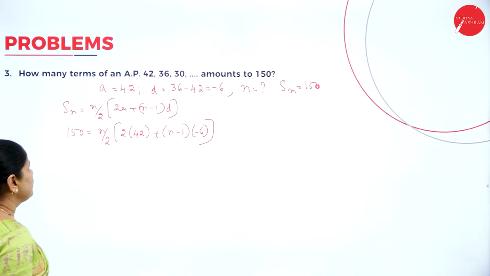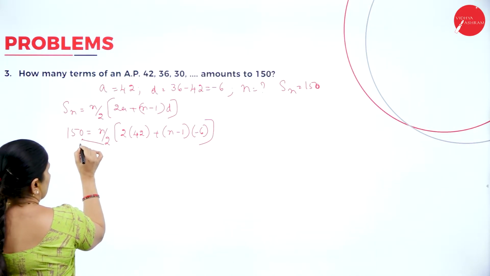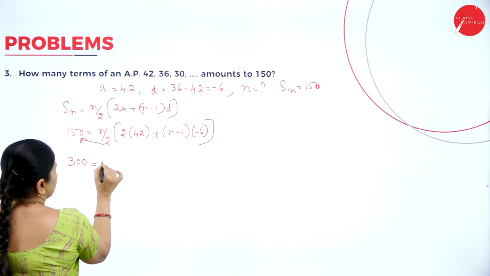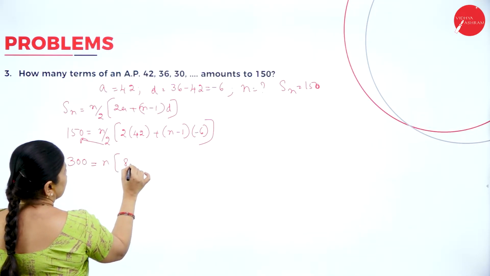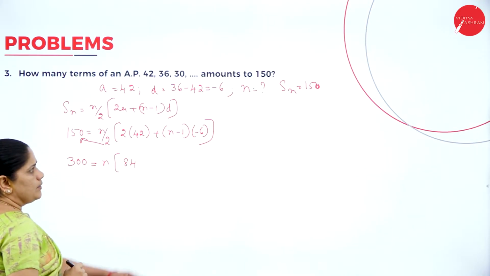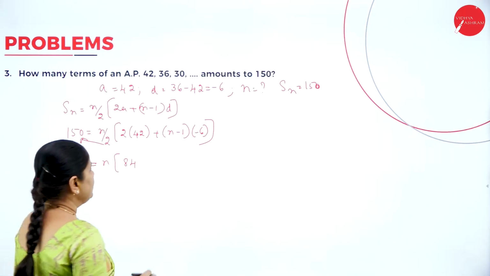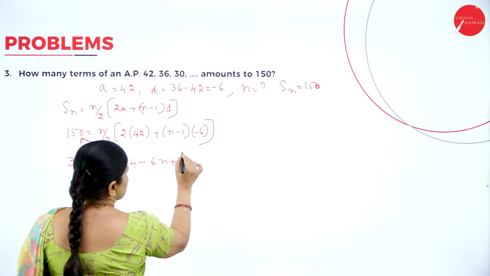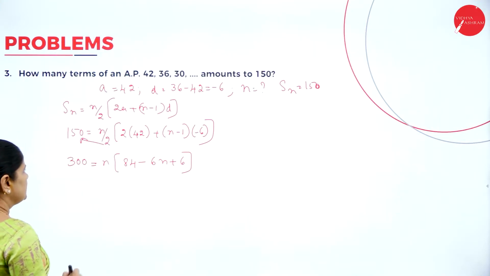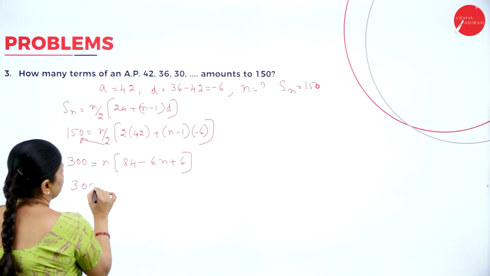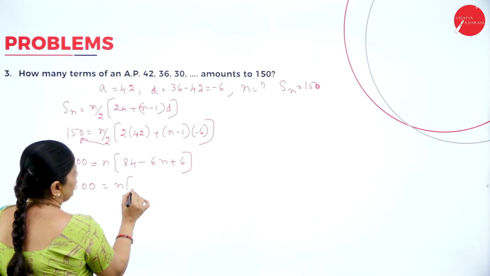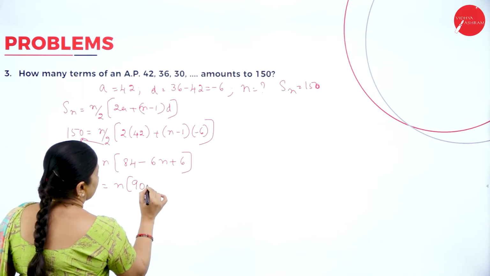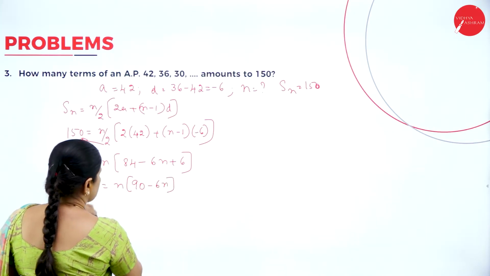Okay, so we'll simplify this. So I'll just cross multiply. So 150 into 2 is 300 equals n into 84 minus 6 into n, minus 6n, minus into minus plus 6. So 300 will be equal to n into 84 plus 6 is 90, 90 minus 6n.